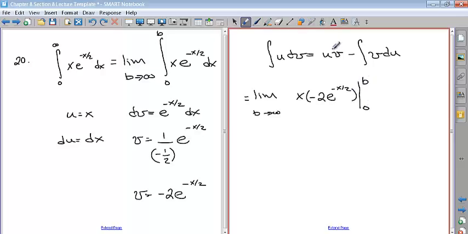So that's the first part. And then the second part, I'll just do the limit thing here separately. So then you do the limit of that part. So you have the integral from 0 to b, and v is negative 2 e to the minus x over 2 times dx, which is du.